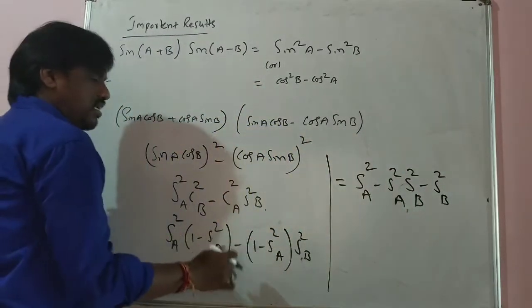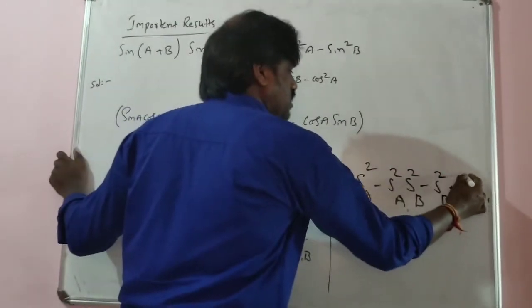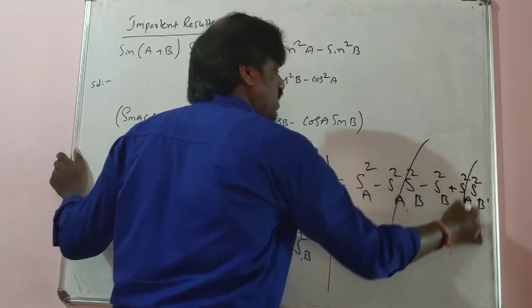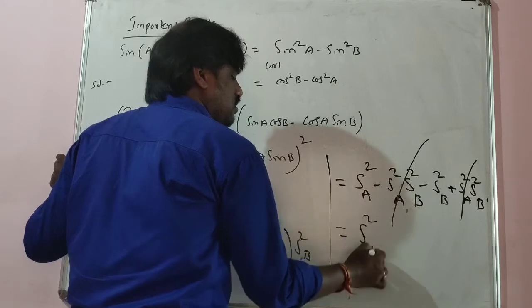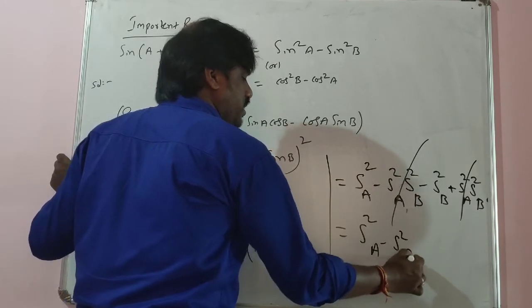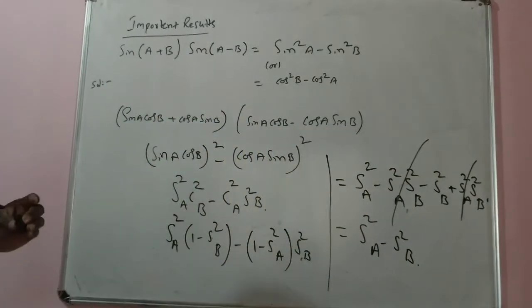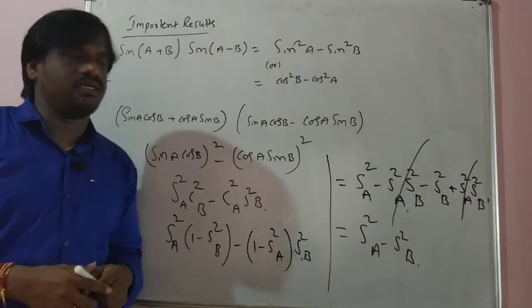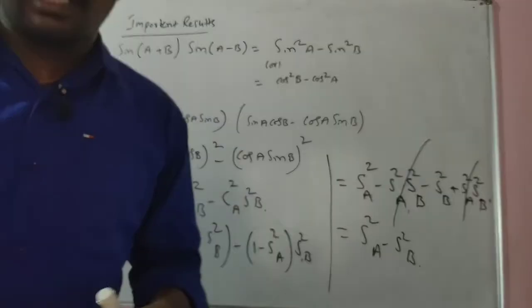Minus into minus is plus, so I get sin square a into sin square b. This one and this one cancel. I got sin square a minus sin square b. So this is the important result: sin a plus b into sin a minus b formula is sin square a minus sin square b.